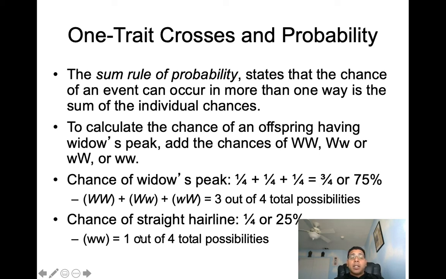Now the chance of a straight hairline is going to be 1/4 or 25% because just 1 out of the 4 total possibilities is going to have a straight hairline, which is this individual that has the genotype lowercase w, which is again a homozygous recessive genotype.